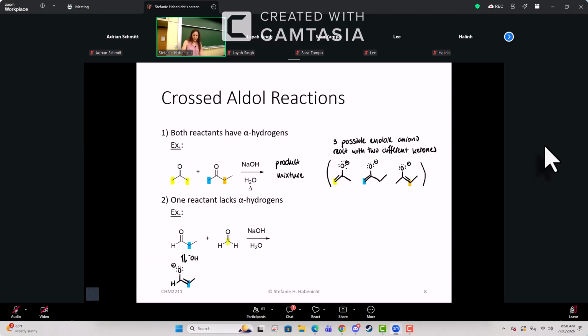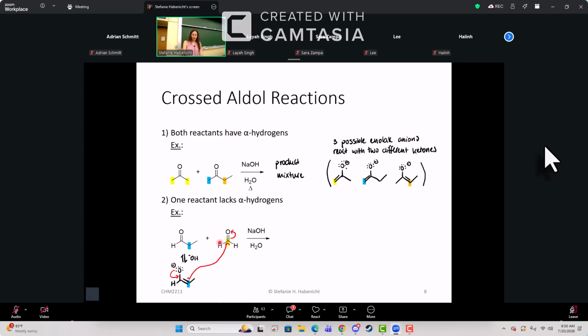Formaldehyde, on the other hand, has no alpha hydrogens, so there is no enolate to form. So the enolate formed from propanal will selectively attack formaldehyde for 2 reasons. Number 1, it doesn't have any alpha hydrogens, so it could not possibly be the nucleophile. It has to be the electrophile.